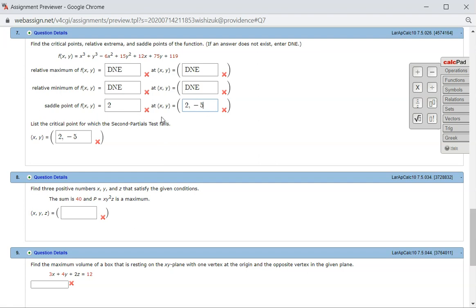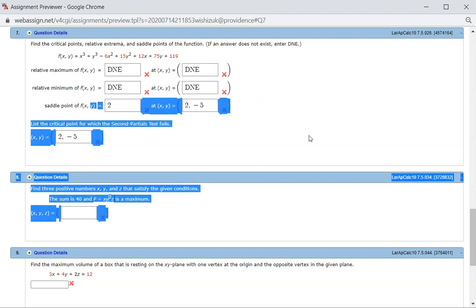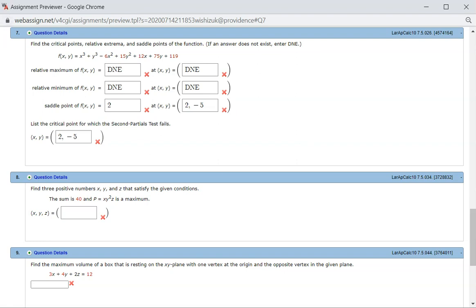Since this is a critical number, but it's not a relative max and not a relative min, it's called a saddle point. All right, so let's check the answer.